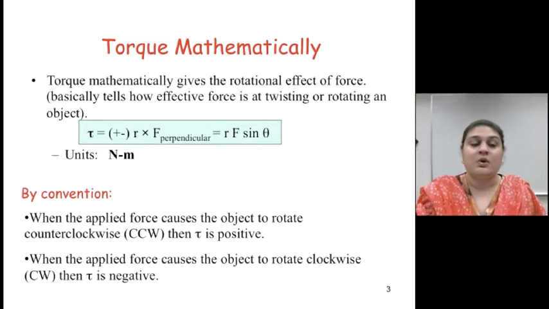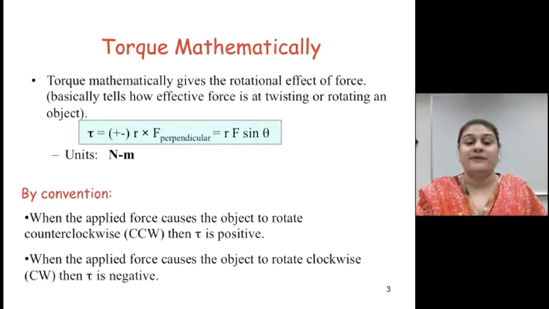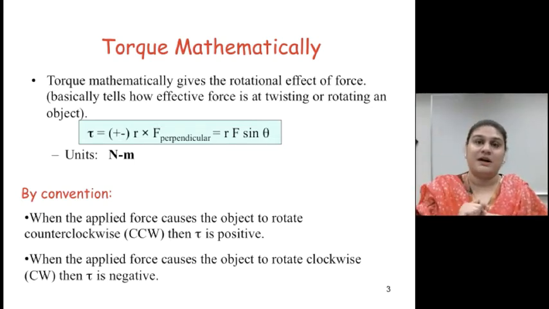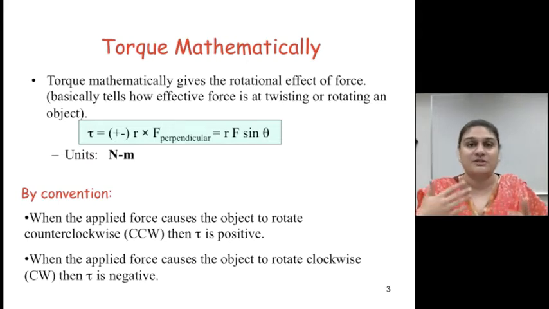By convention, when the applied force causes the object to rotate in a counterclockwise direction, that is when torque is called positive. When the applied force causes the object to rotate clockwise, then the torque is called negative. One of the reasons which might help you understand why that convention was developed is to think of what the positive angles are. The angles that go from the reference line that way are called positive angles. So the torque simply follows the same convention.